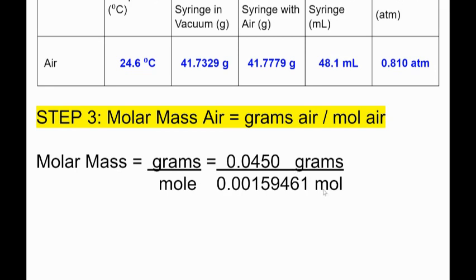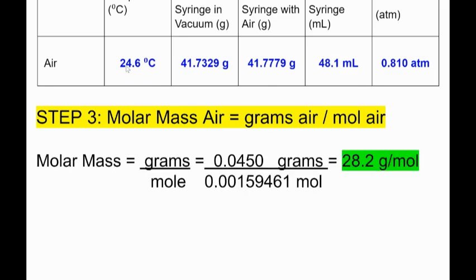Super important that you pay attention to units so you know when you get to your final answer and the value you're trying to calculate. All right, substitute this into your calculator. And then let's look back at sig figs, and we can see that our final answer should have 3 sig figs, because when we multiply and divide, we use the least precise number of sig figs. We should have gotten 28.2 grams per mole.